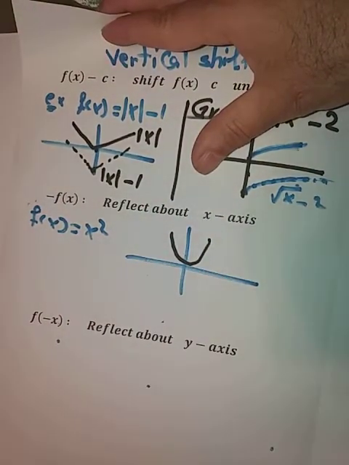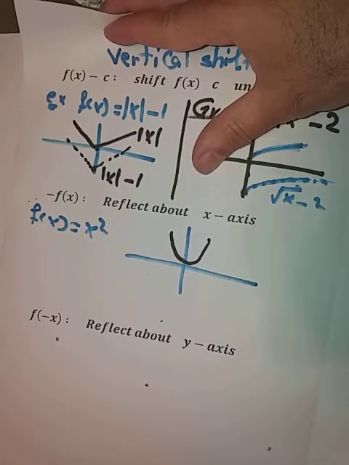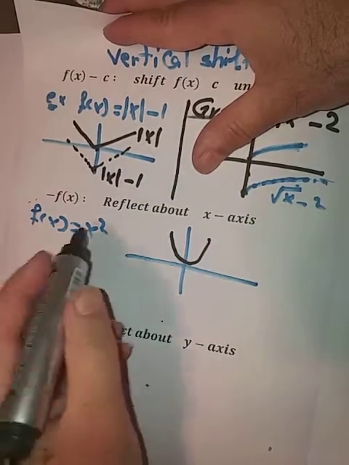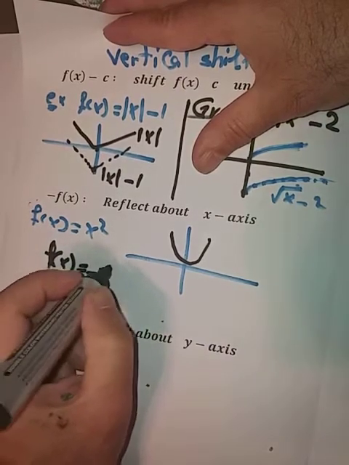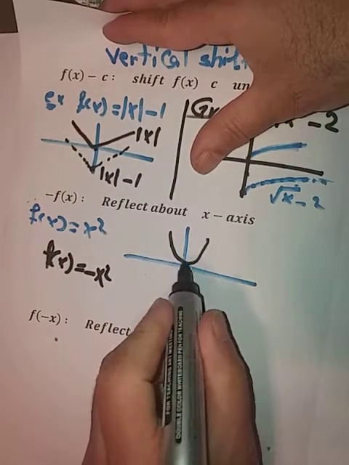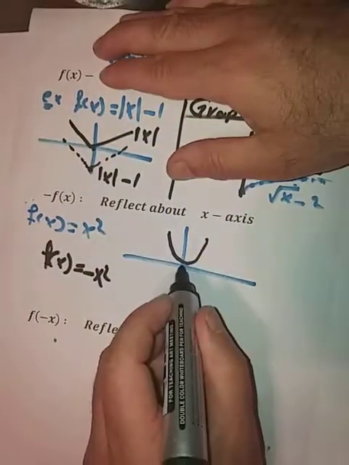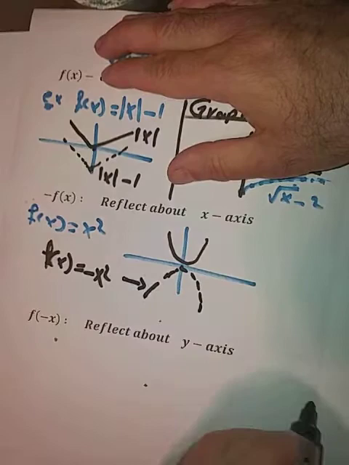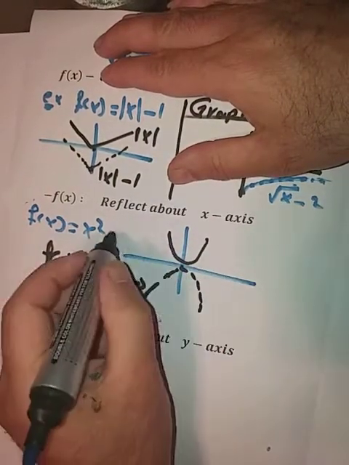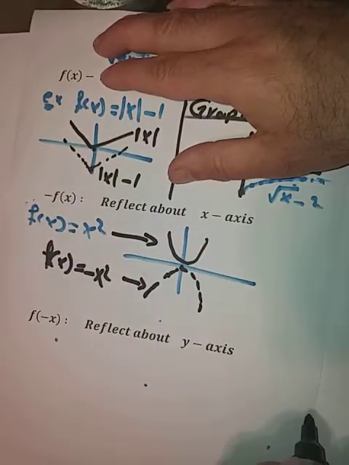Parabola, x square is parabola, always parabola. But we have minus, then reflect about x-axis. This one is the graph of minus x square, and this is the graph of x square.